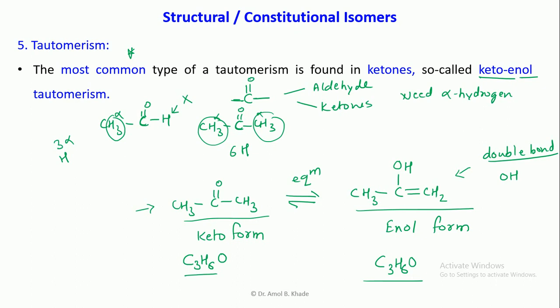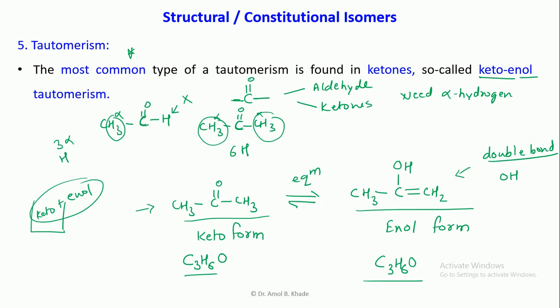equilibrium. What does it mean? Let's say in a beaker I have the keto plus enol mixture. So these keto and enol isomers, which are referred to as tautomers, are present in an equilibrium amount. There is always a dynamic equilibrium between these two.